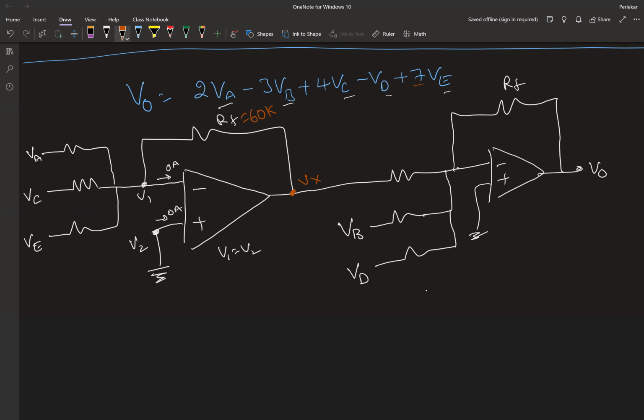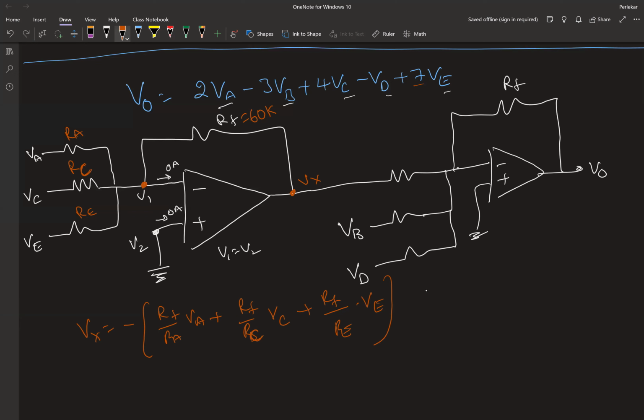My Vx equals, with RA, RB, RC, you can apply KCL here, or the simple way I usually recommend you to remember, this is RF over RA times VA plus RF over RC times VC, let me take this as RC to avoid confusion, and I'm going to take this as RE, so plus RF over RE times VE. That's my Vx.